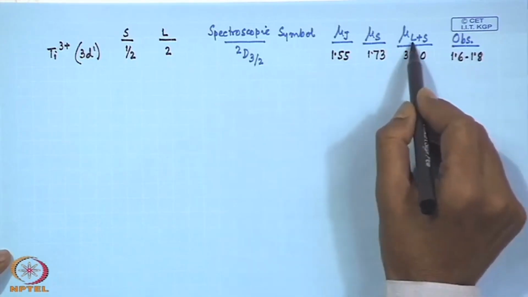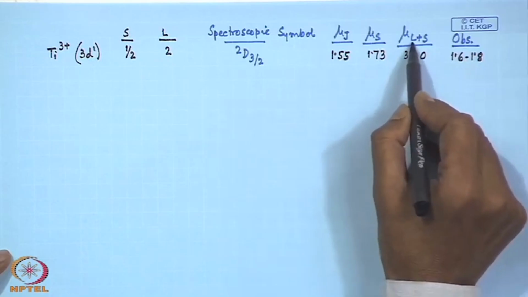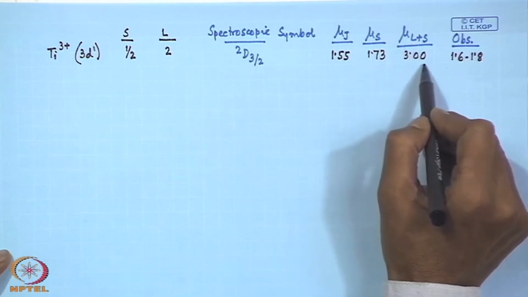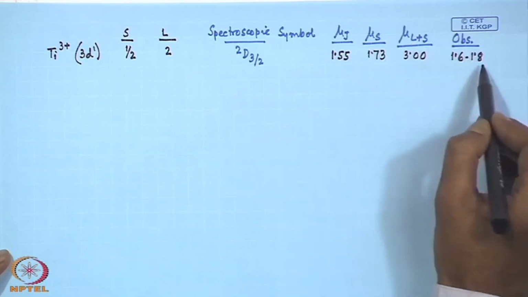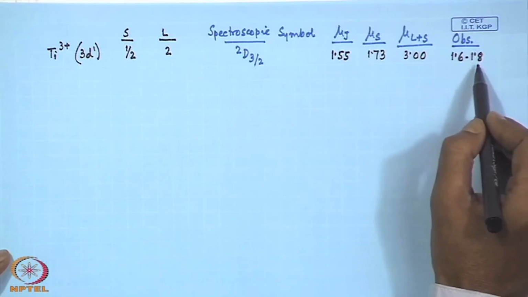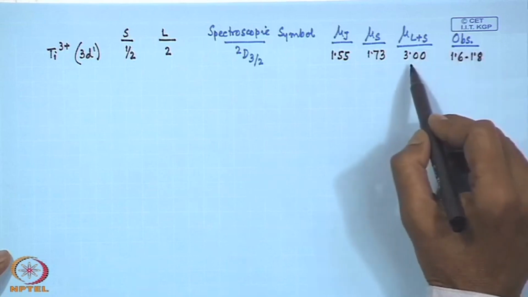But if we consider that orbital contribution is there, and the L values are also contributing towards the magnetic moment, then the upper limit of this magnetic moment is equal to 3. That means if orbital contribution is there, our total magnetic moment can go beyond the spin only value and reach up to 3.00.